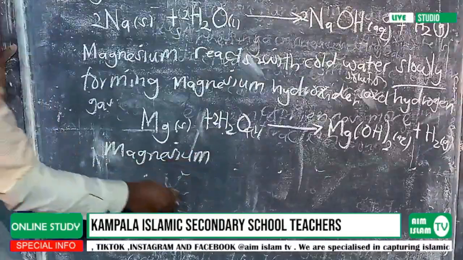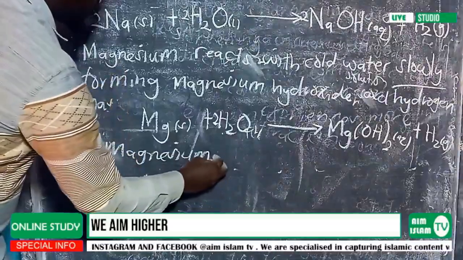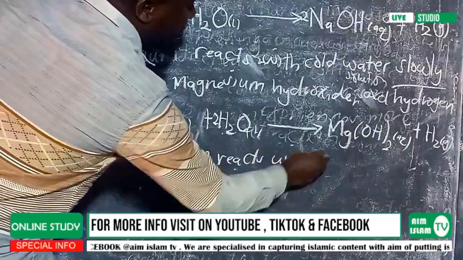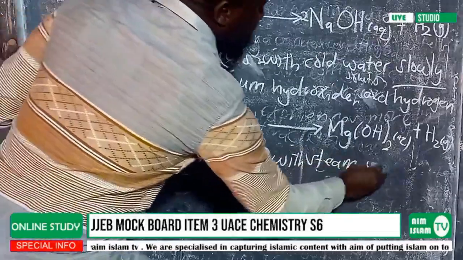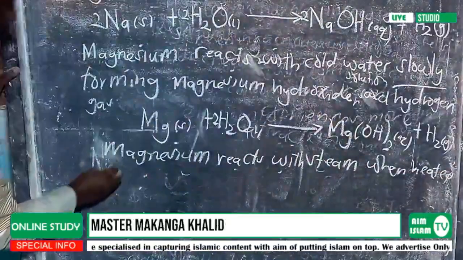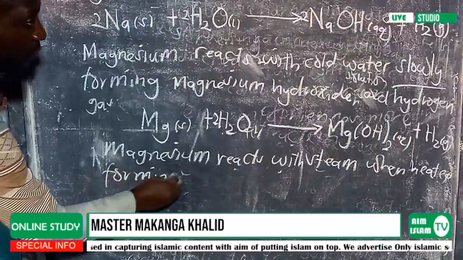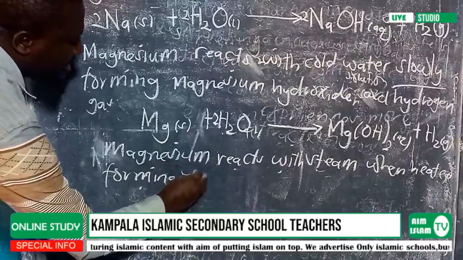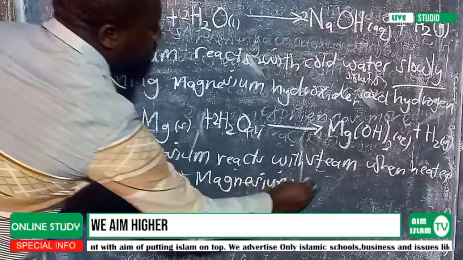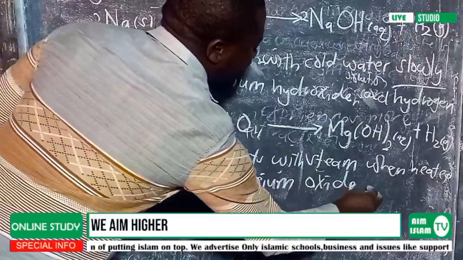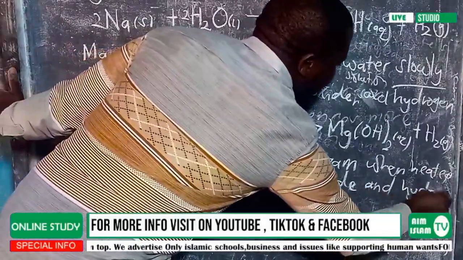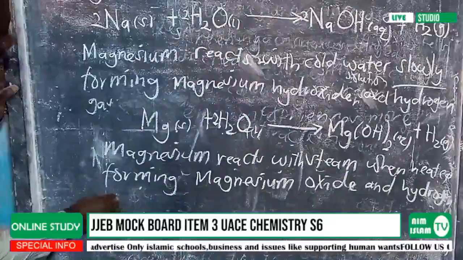Heated magnesium reacts with steam, forming magnesium oxide and still hydrogen gas.